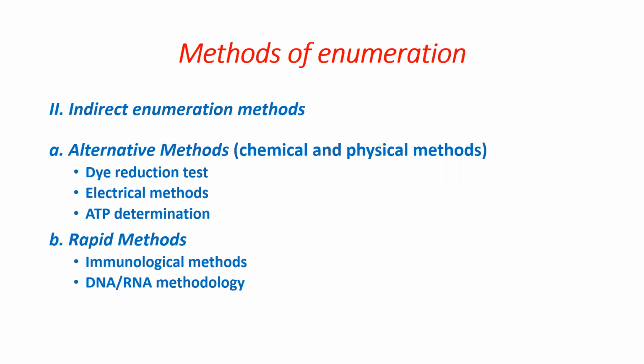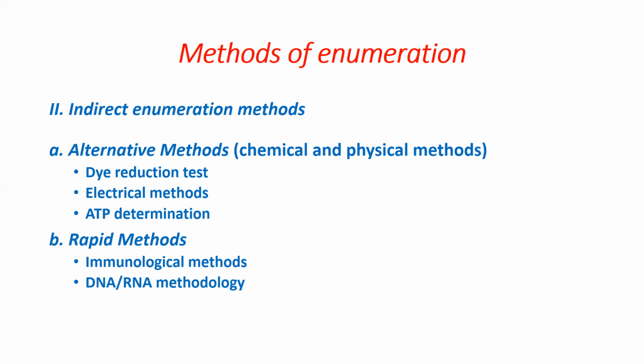Besides alternative methods, we also use rapid methods by which we can count the microbial cells or microbial load: immunological methods, and DNA, RNA technology. So these two, rapid methods and alternative methods, come under the indirect enumeration methods.